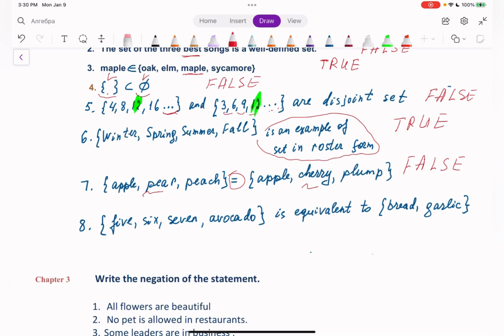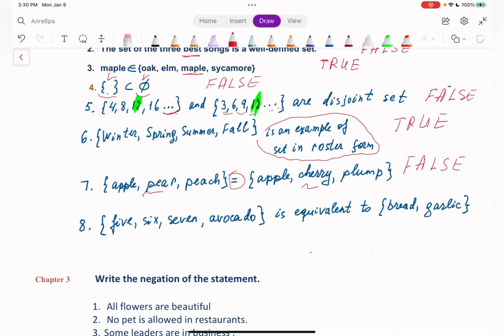So what do we have in question number 8? So 5, 6, 7, avocado, let's say, is equivalent to a set with elements bread and garlic. Question number 8.